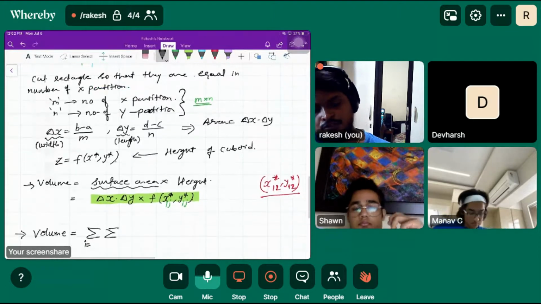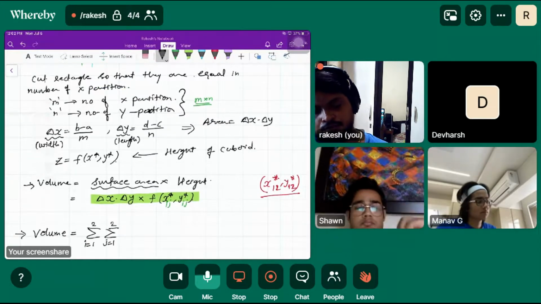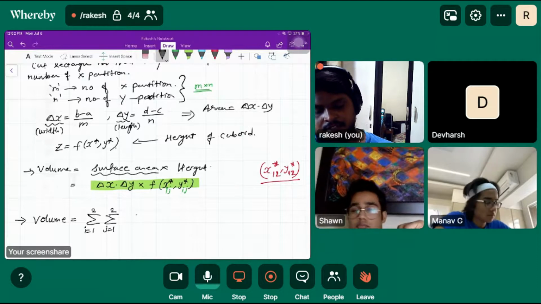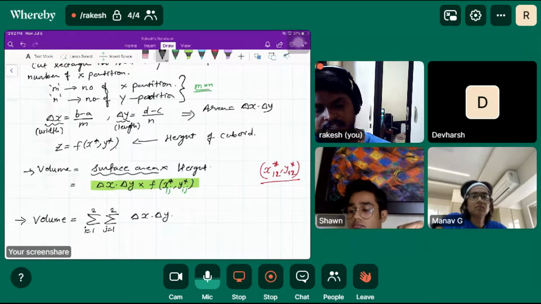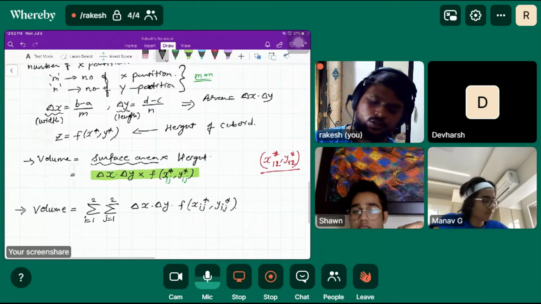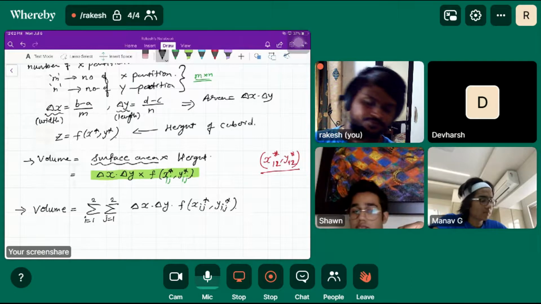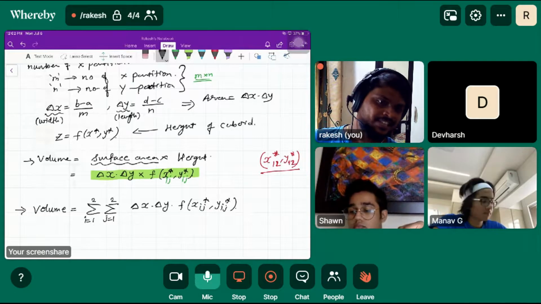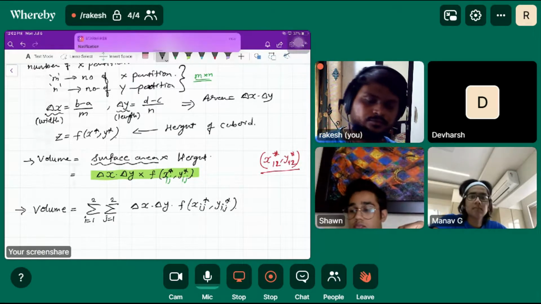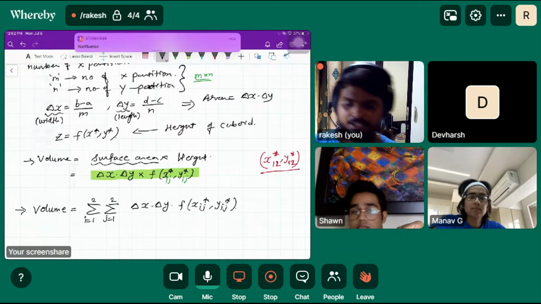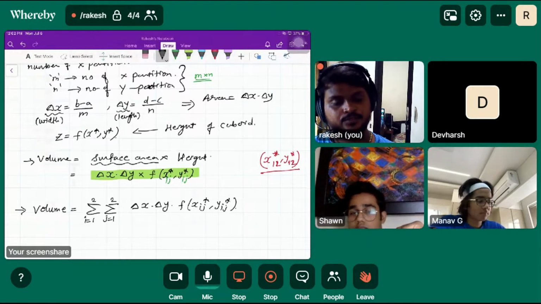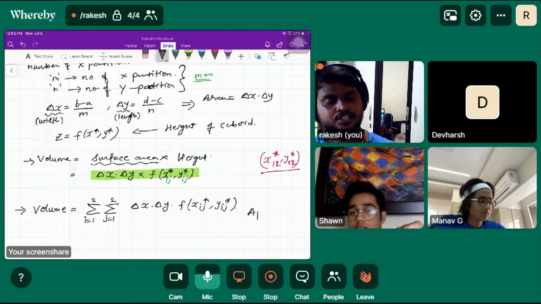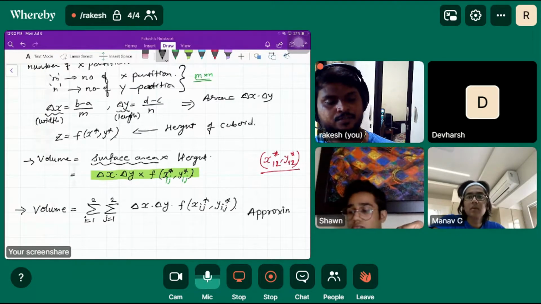So i is equal to 1 to 2, j is equal to 1 to 2, delta x delta y into f of xij star comma yij star. So this gives you the total volume under the surface. Okay, is it the exact volume? No, it's an approximate volume.